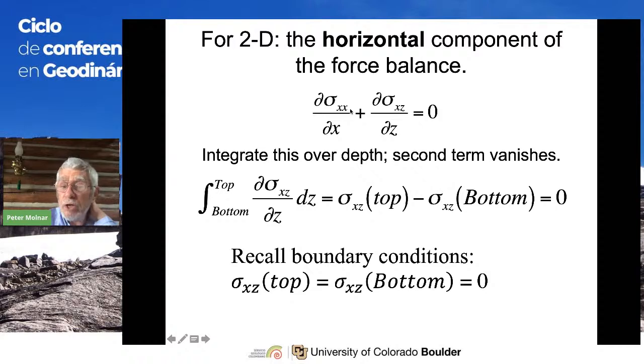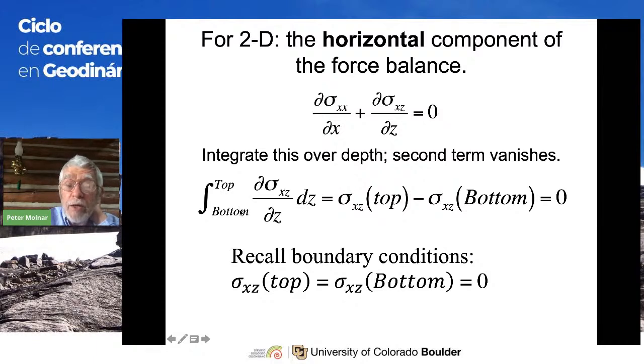Let's integrate this equation, the horizontal gradient of the horizontal compressive stress plus the vertical gradient in the shear stress on, call them horizontal planes, integrate this over depth. Well, if we integrate d sigma xz dz over depth, the answer is simple.